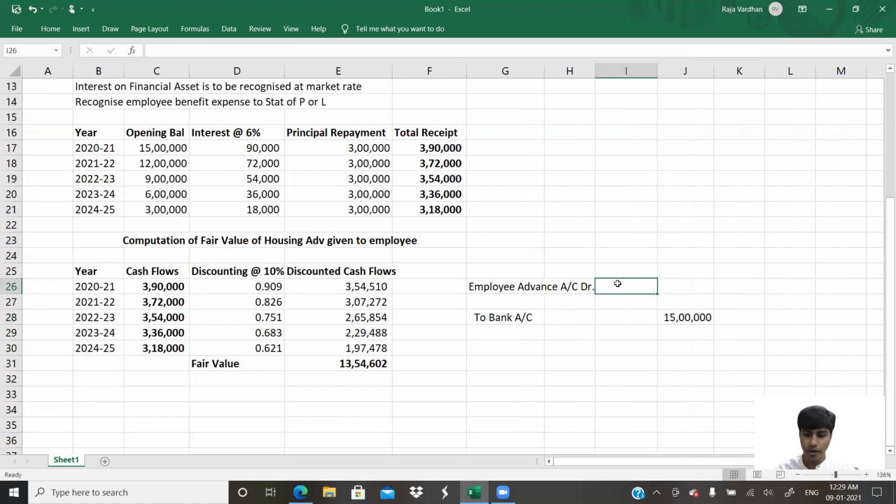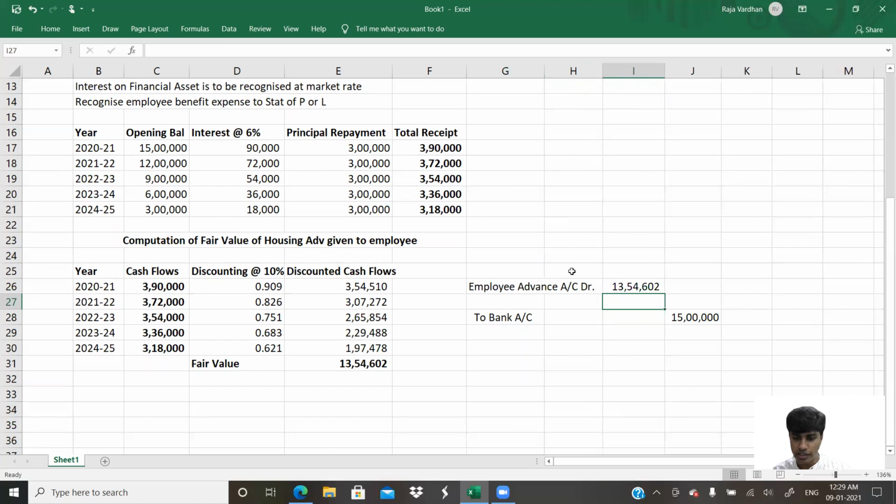Employee advance is to be recognized at fair value, that is 13,54,602. So what exactly is this difference, sir? There's so much of difference between debit and credit. What do we do with that? Simple. That difference is my employee benefit expense. Employee benefit expense account debit.